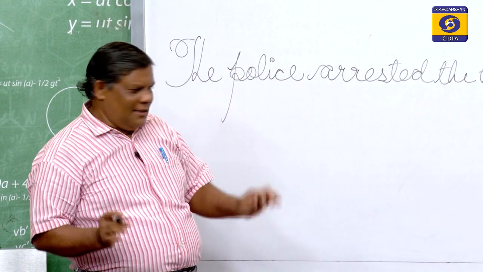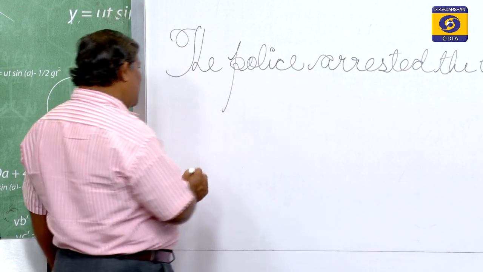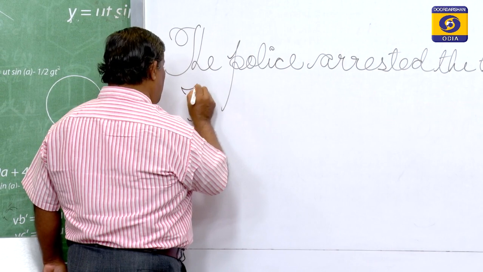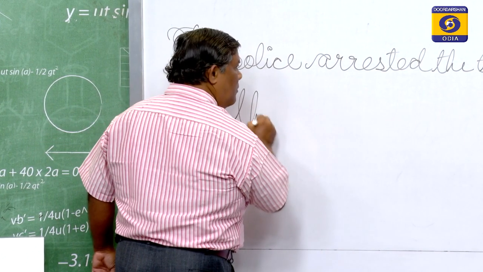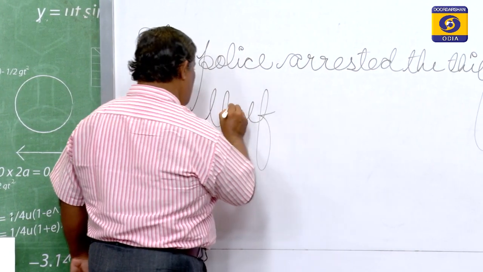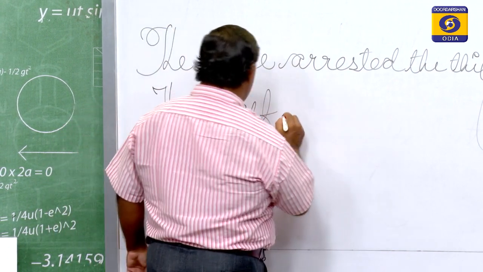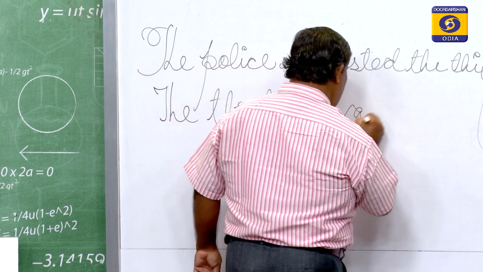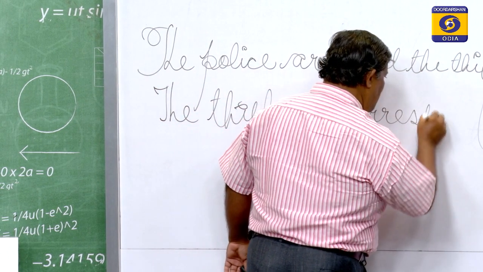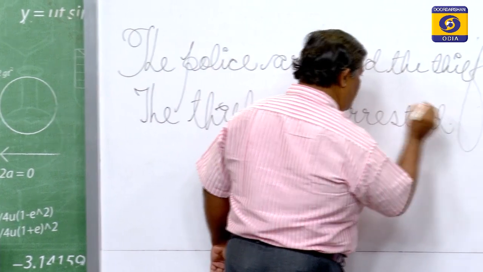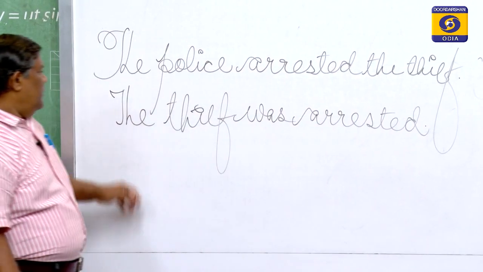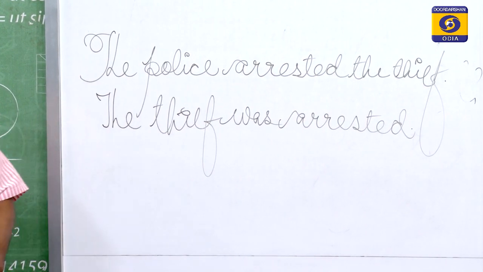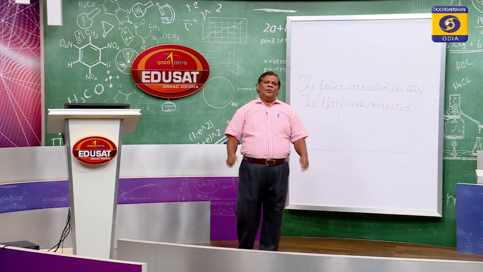When we make the passive form, you see: the thief was arrested, because here "by the police" is not required.